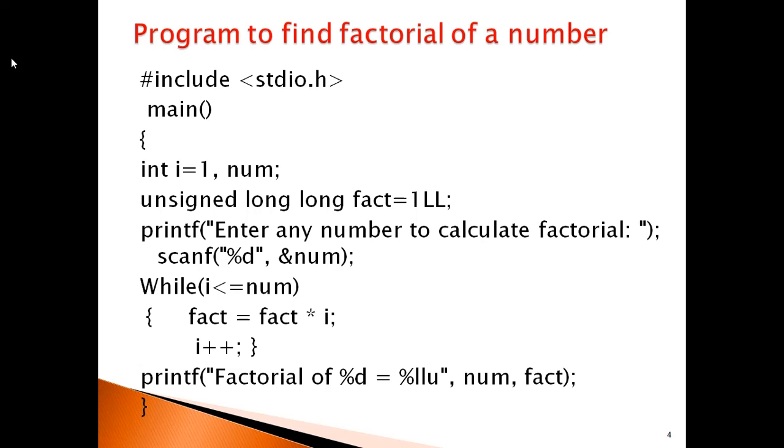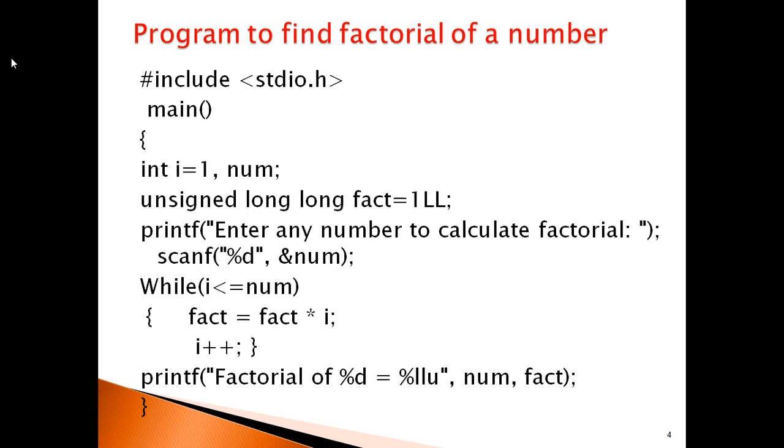Unsigned long fact equal to 1ll. Printf enter any number to calculate factorial. By using the scanf function, we'll read the number and store it at the address of num.